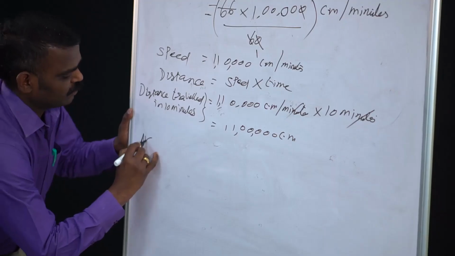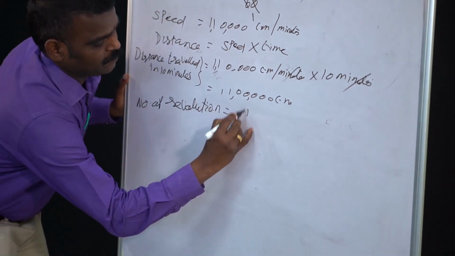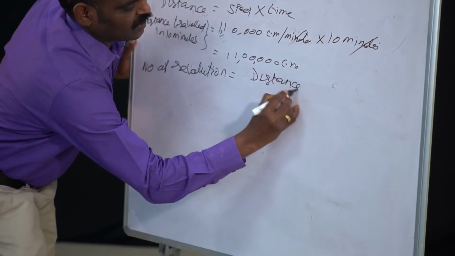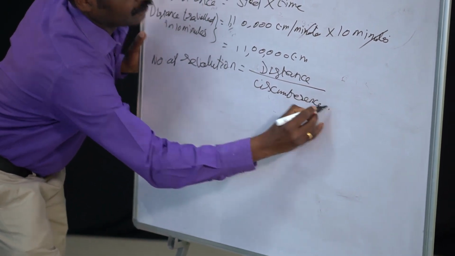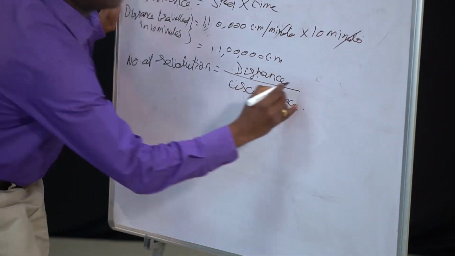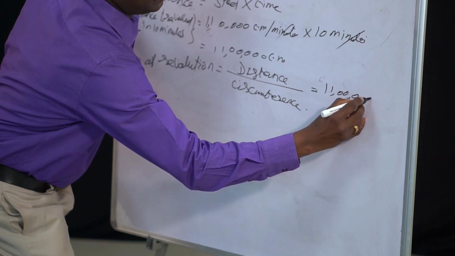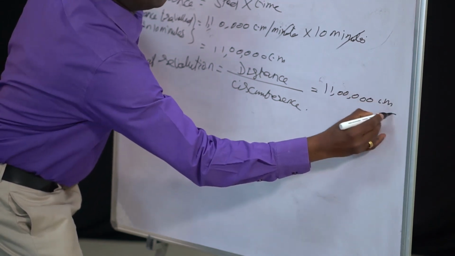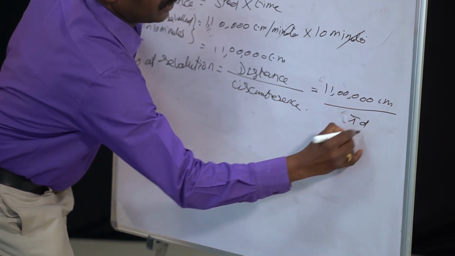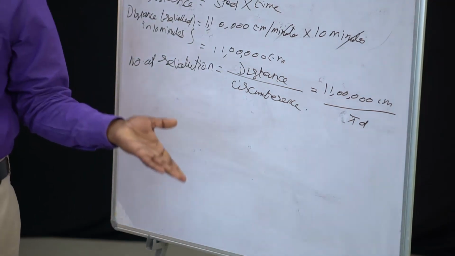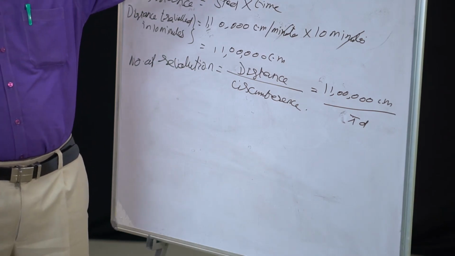Now number of revolution is distance by circumference. Distance how much? Circumference, you can write 2 pi r also. Formula of the circumference is 2 pi r, also you can apply pi d. If you are going to use 2 pi r, then you have to convert the d into r, radius, okay.